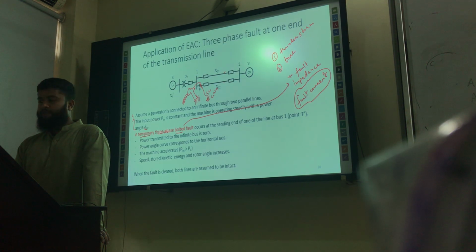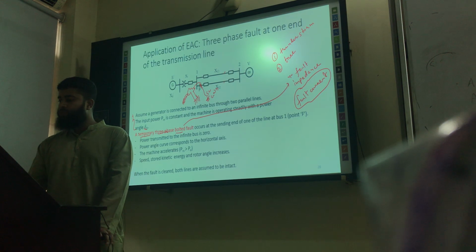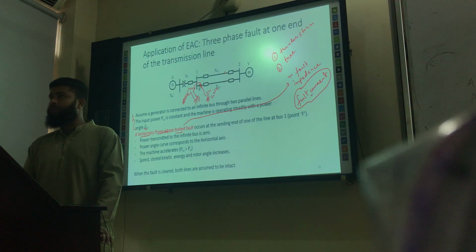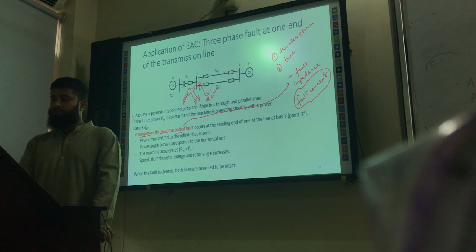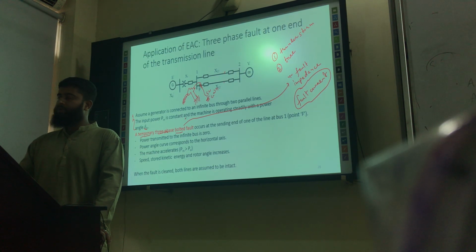If there is non-zero fault impedance, the fault current will be a bit less. So why are we discussing this voltage fault? Because we are considering the most severe type of fault, and we want to observe the system response at that severe type of fault. That's why we are considering the voltage fault. So any question about temporary fault and the voltage fault?